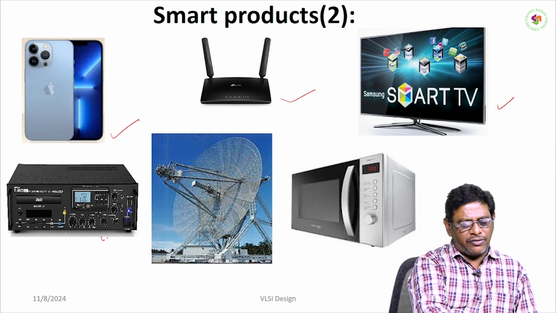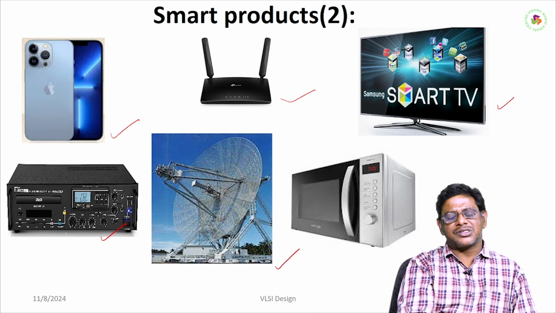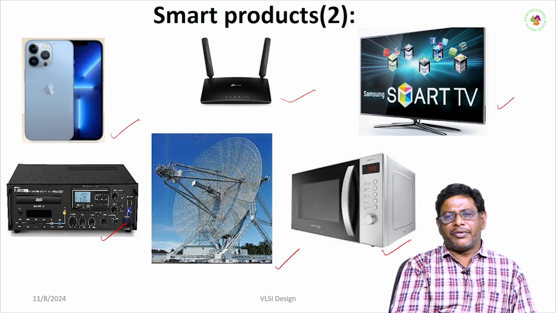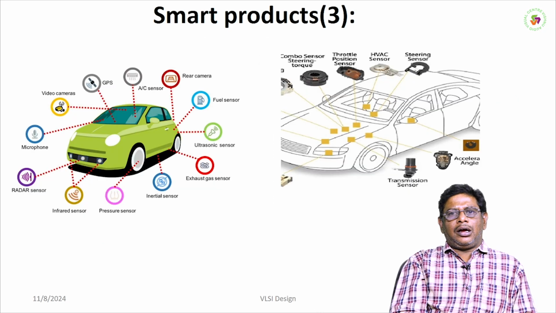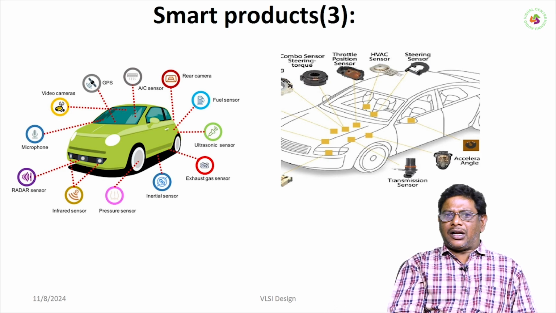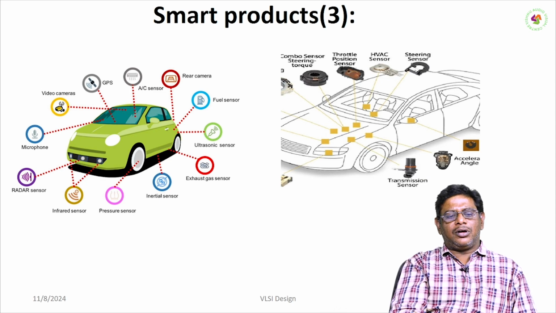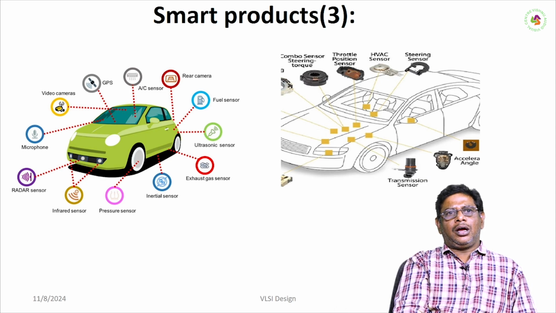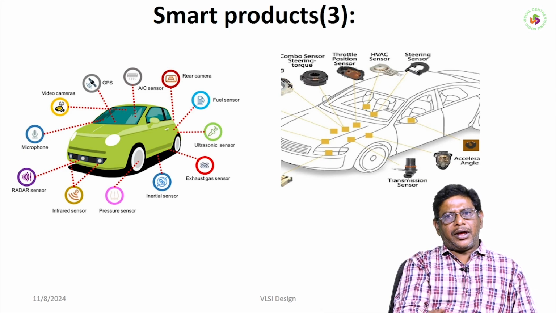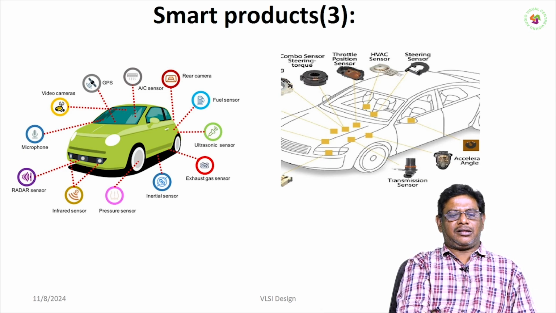Not only that, amplifiers and radar systems, as well as microwave ovens, and so on. And nowadays there are n number of vehicles in the market, which come with a number of sensors, which play a major role even to control or to have an efficient model of the design.